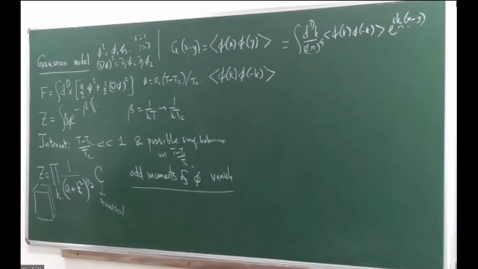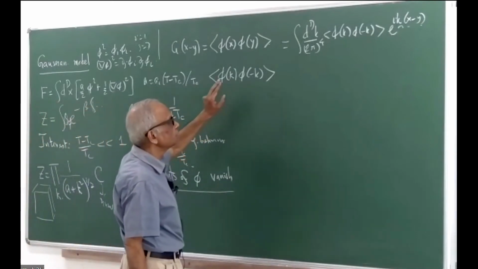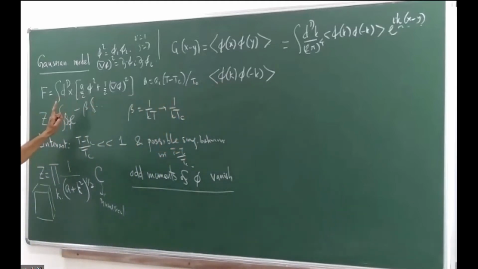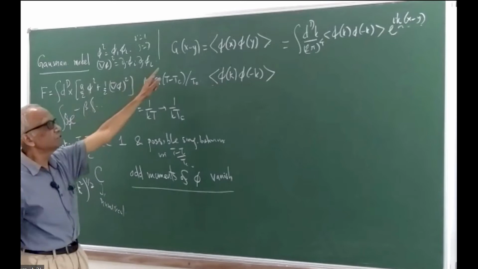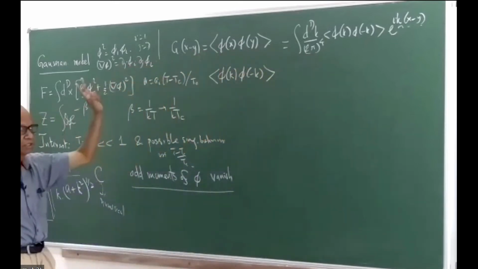So phi_k phi_minus-k is what we calculated. All calculations can be done only in momentum space, and the passage to coordinate space has to be through the Fourier transform.